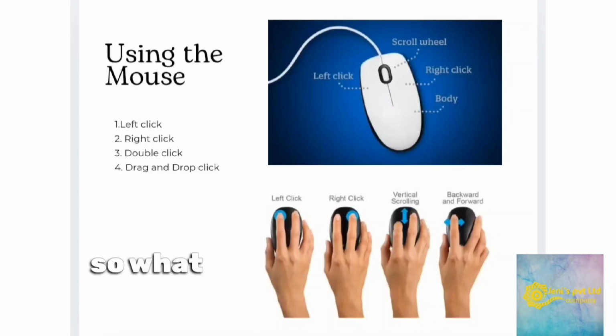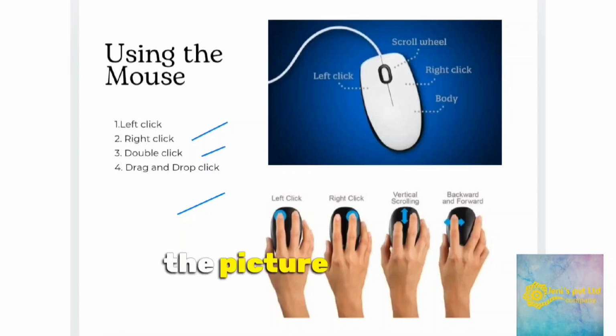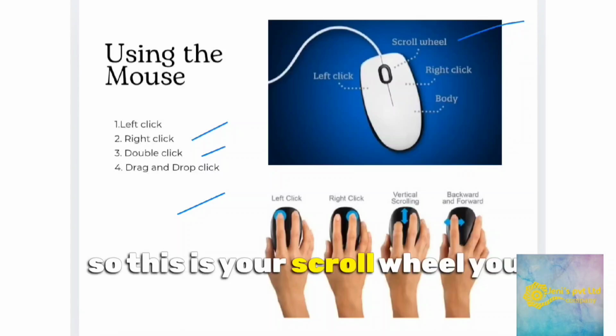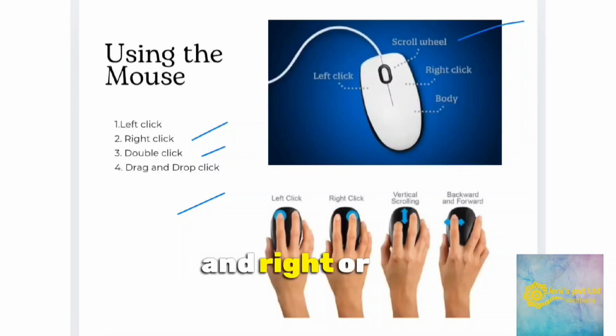So what are the operations we can do with our mouse? You can see here there are four operations: left click, right click, double click, and drag and drop. Here I have shown the picture for your information. This is your scroll wheel. You can move up and down.